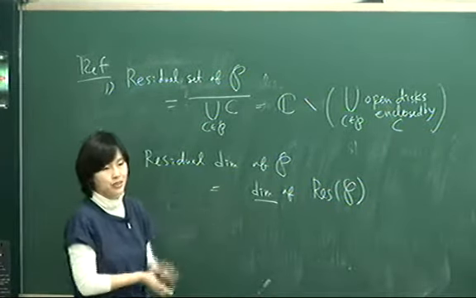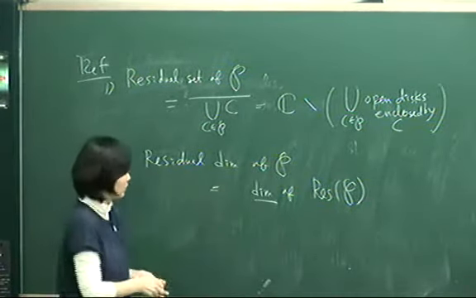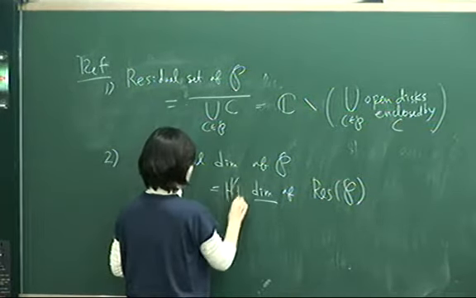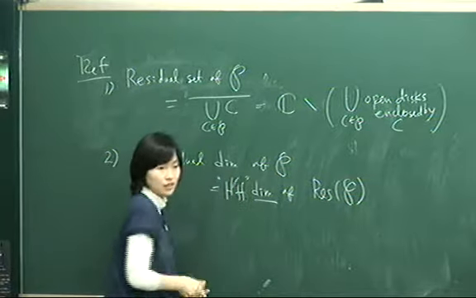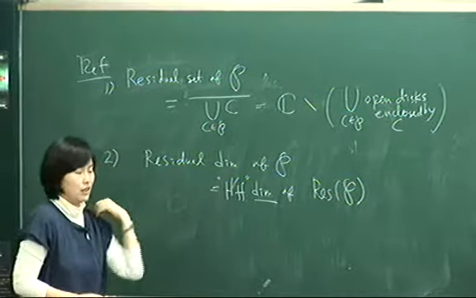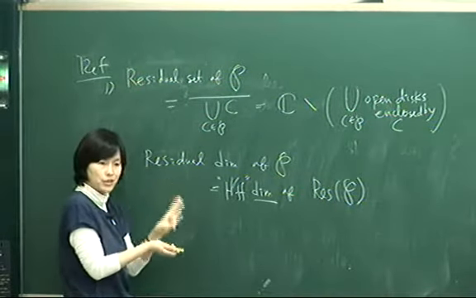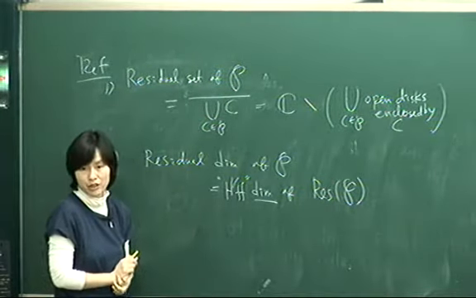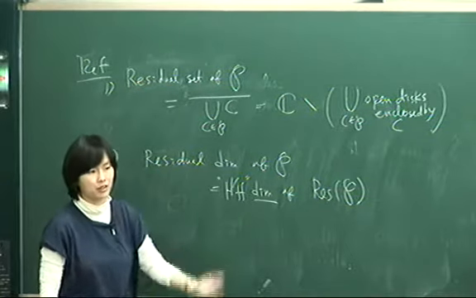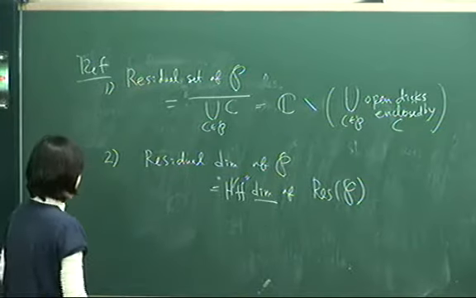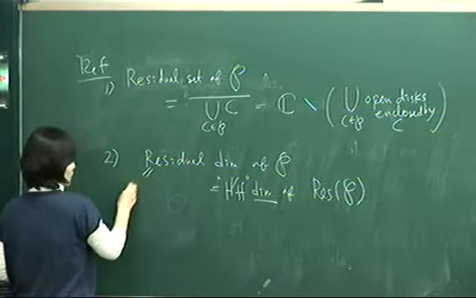And to measure such a fractal dimension, there's a notion of Hausdorff dimension. This Hausdorff dimension measures finer properties than the usual dimension we learn in linear algebra. The dimension could be a non-integer number instead of an integer. And so let's denote this by delta.